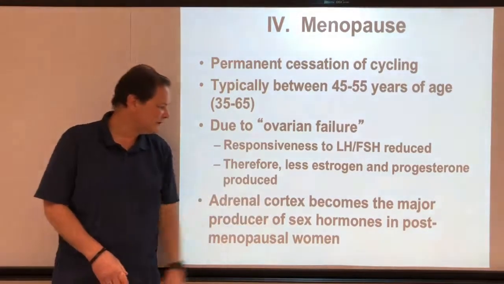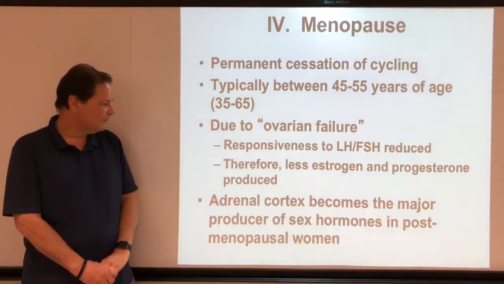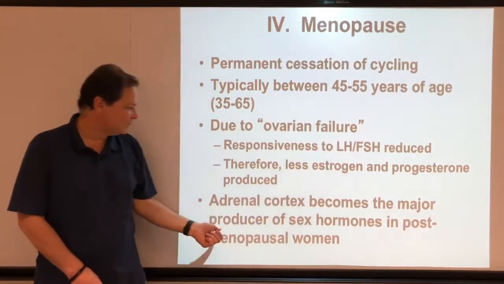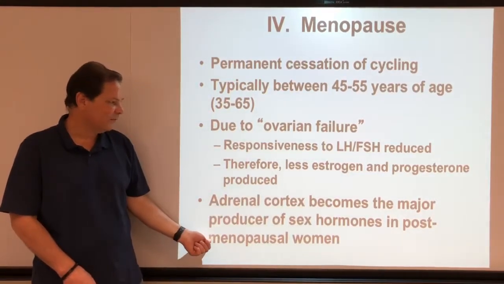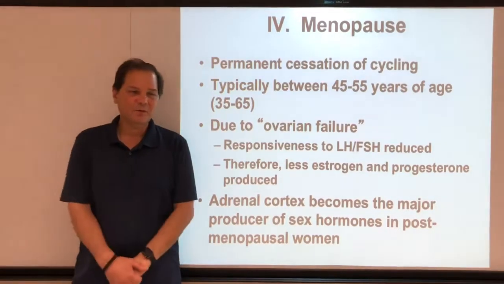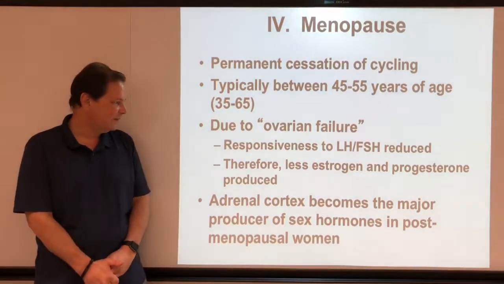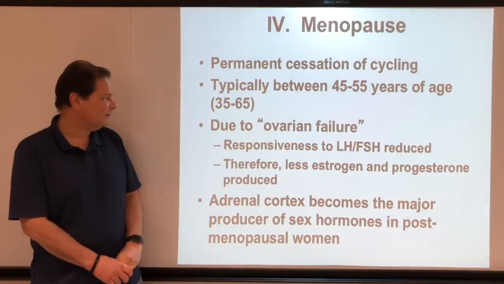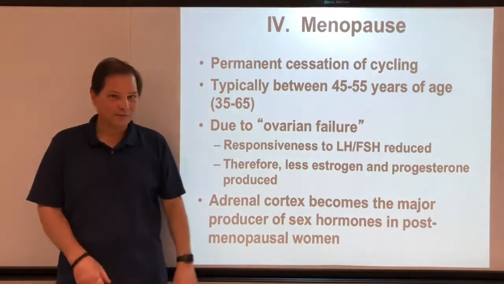This drop in estrogen in particular produces many of those effects. The adrenal cortex becomes the major producer of the sex hormones post-menopause, and the adrenal cortex does not produce nearly as much of those, nor is what it produces as potent as what the ovaries produce.